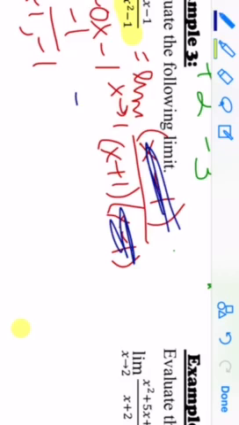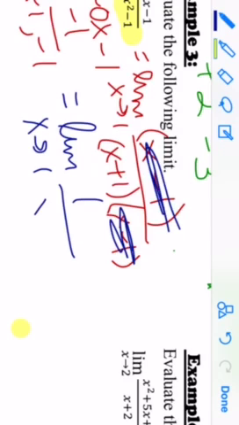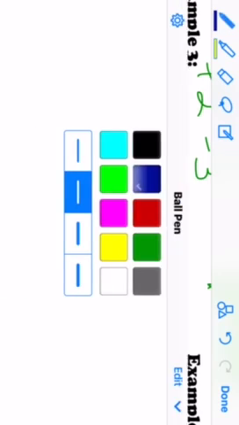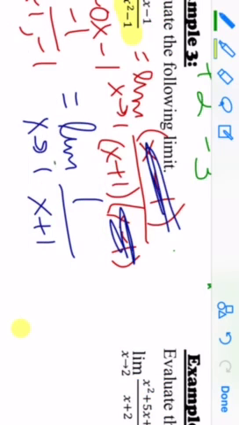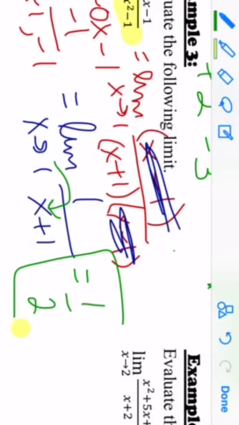And so we're left with the limit as x approaches 1 of 1 over x plus 1. And then that's our second step here, is to just plug in 1 for x, just substitute. So if you're plugging in 1 for x, you're going to get 1/2 when you evaluate that limit.